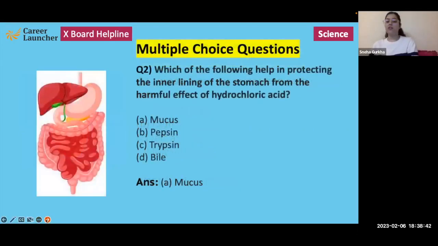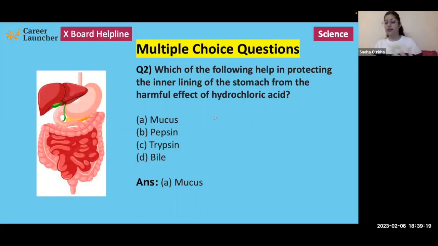Moving on to the next question, which of the following help in protecting the inner lining of the stomach from the harmful effect of hydrochloric acid? We know that hydrochloric acid is extremely important because it provides a very sterile environment, helping in killing microorganisms or germs that may have entered the alimentary canal during the process of eating or ingestion of food.